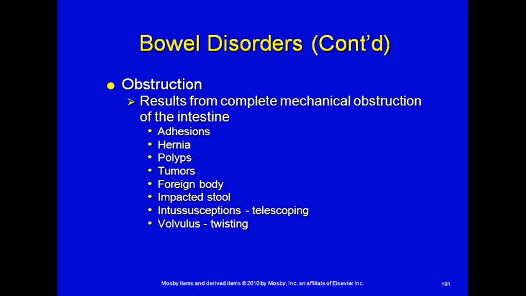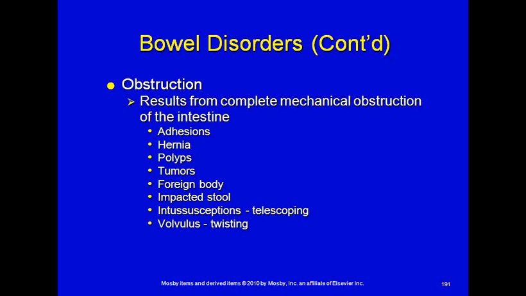Bowel obstruction results from complete mechanical obstruction of the intestine, as well as in the case of adhesions where the bowel walls stick together. Hernia, if the bowel herniates out into a compartment and becomes twisted. Polyps, which can obstruct the inside lumen of the bowel.